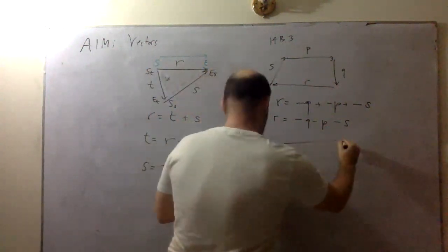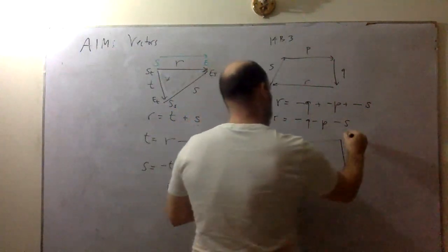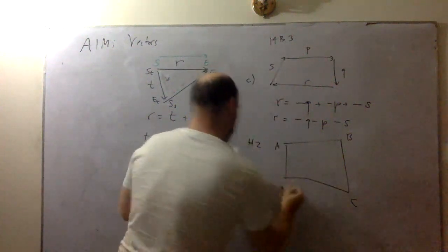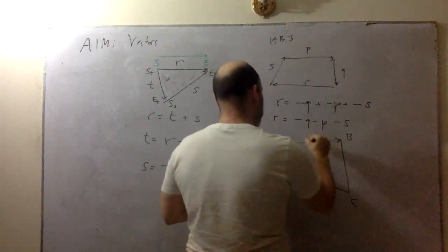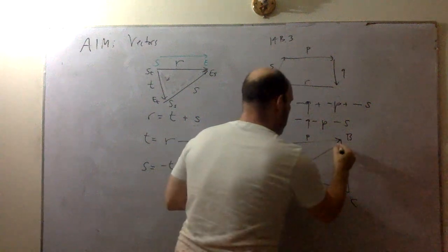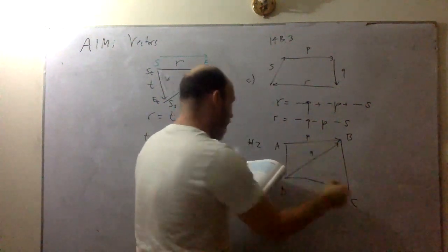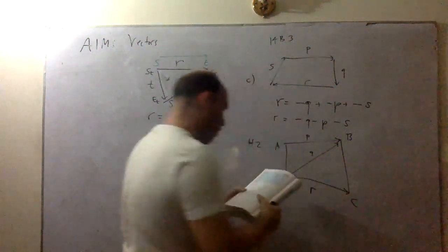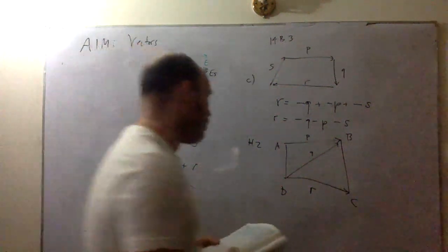At the bottom, we have A, B, C, and D. We're told that vector AB, we're going to call it P. Vector DB, we're going to call it Q. And vector DC, we're going to call it R. And we're asked to find, in terms of P, Q, and R, AD.